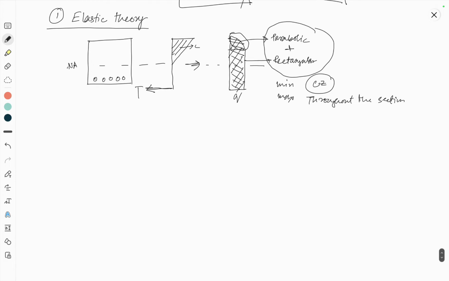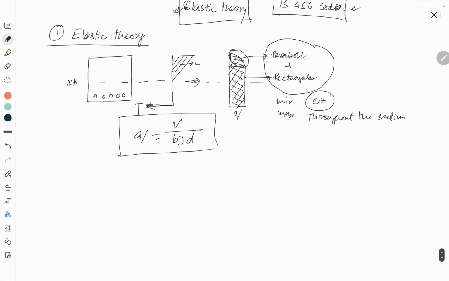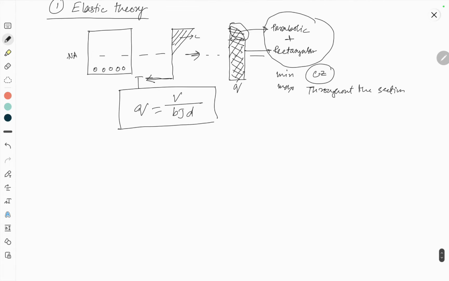From this elastic theory, Q is equal to V by BJD. This is the elastic theory shear stress formula. What is J? J is a constant.